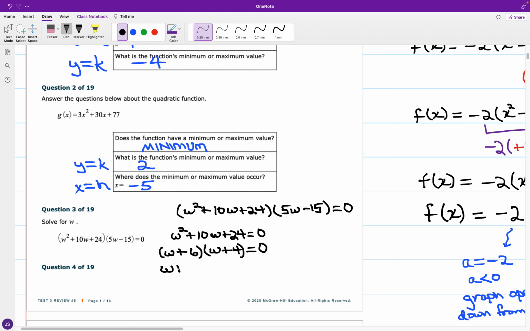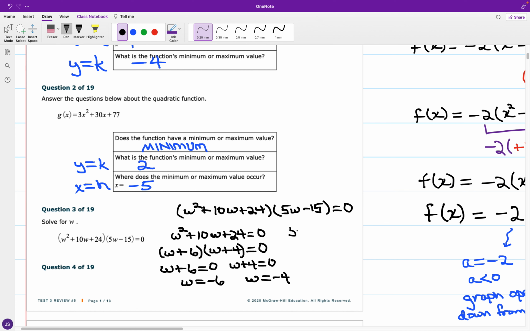If w plus 6 is equal to 0, we have w is equal to negative 6. And for w plus 4 equal to 0, we have that w is equal to negative 4.